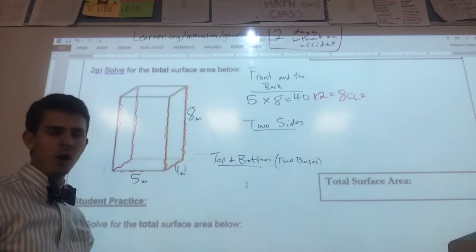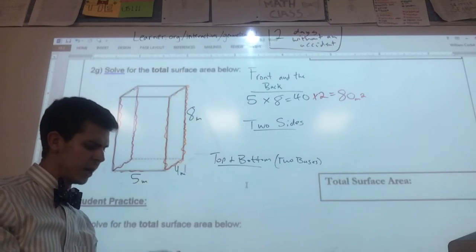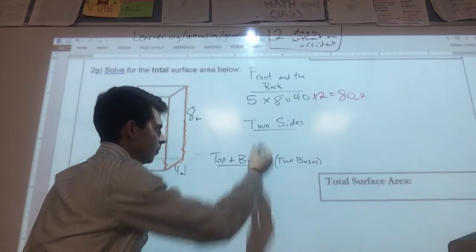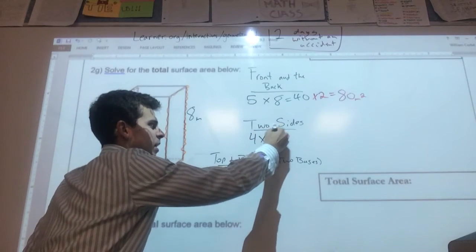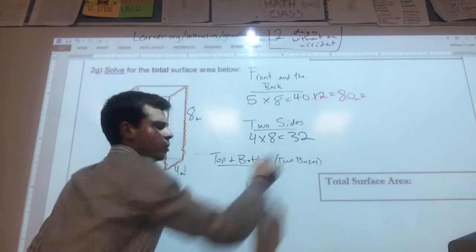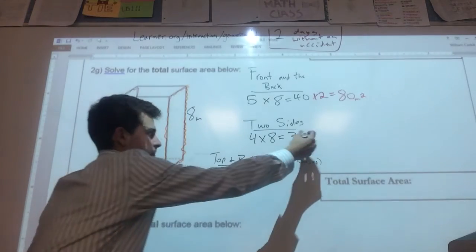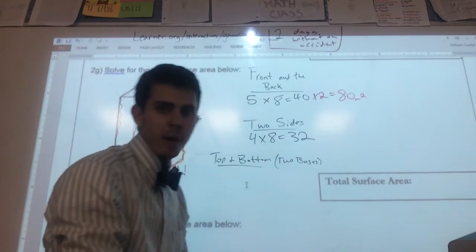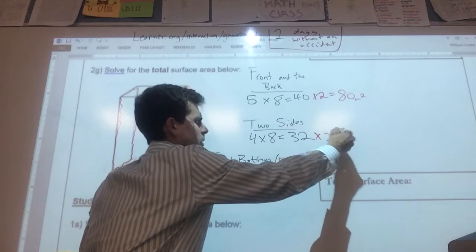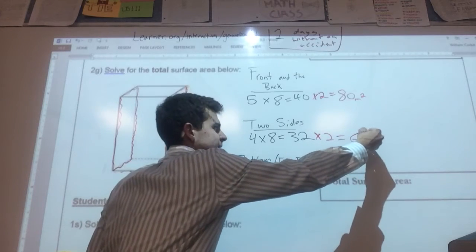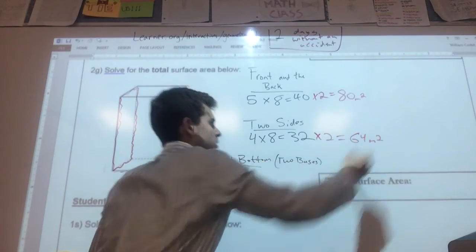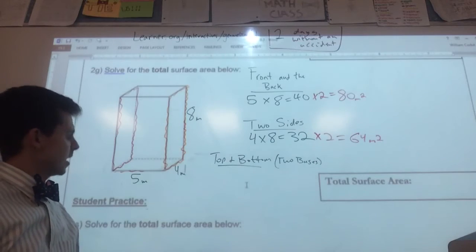It's going to be 8 tall. So it's going to be 4 times 8. 4 times 8 is equal to 32. I'm going to multiply by 2 because there are two sides. So that's 64 meters squared.